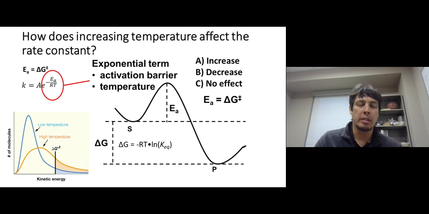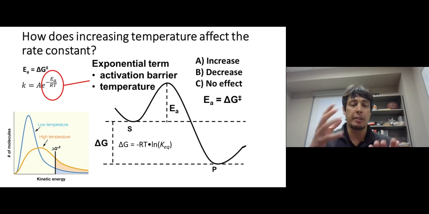As you can see, there's more area underneath the curve for the orange at the higher temperature. So that's another way to think about how temperature increases the kinetic energy of a subset of the molecules within the system, and that allows these molecules to overcome the activation barrier and proceed towards product.